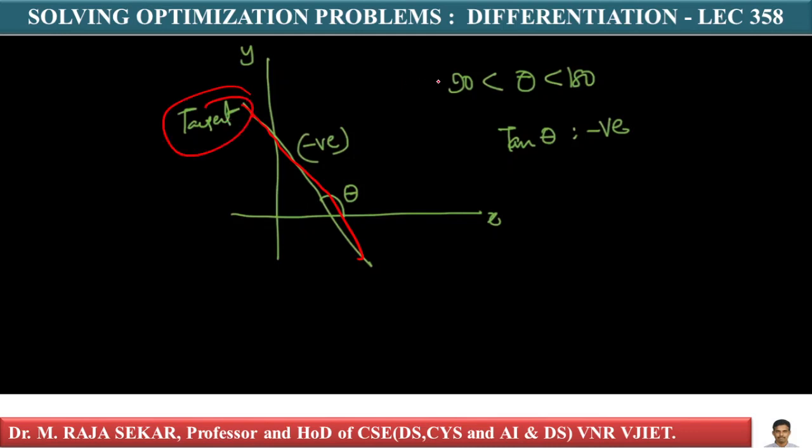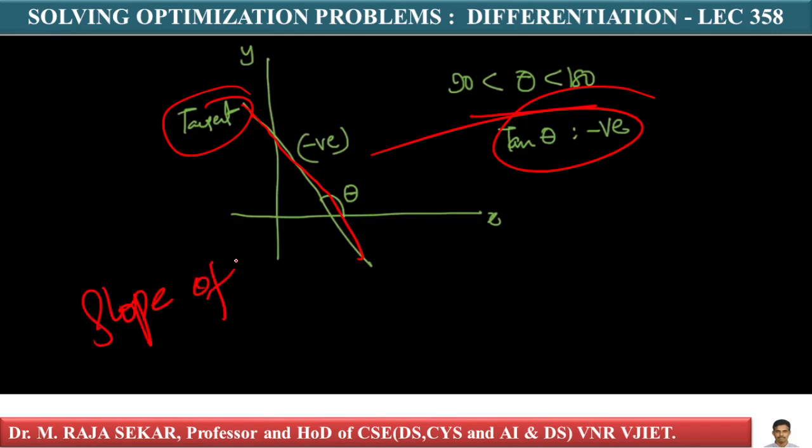Here 90 less than theta less than 180 degrees. Then what is your tan theta? Tan theta is negative, which means the slope of this is negative. Yes, it's negative.